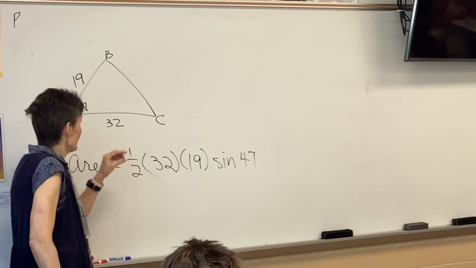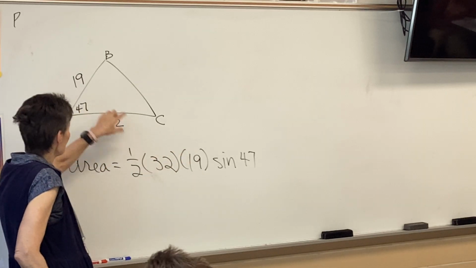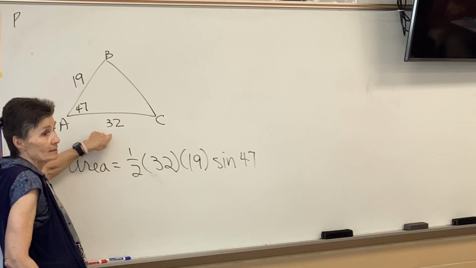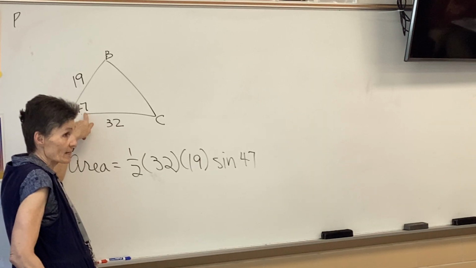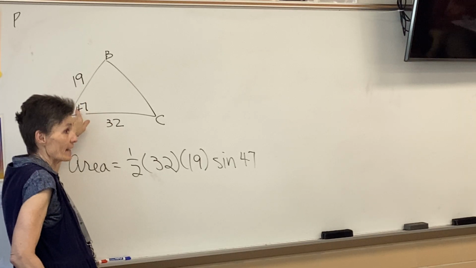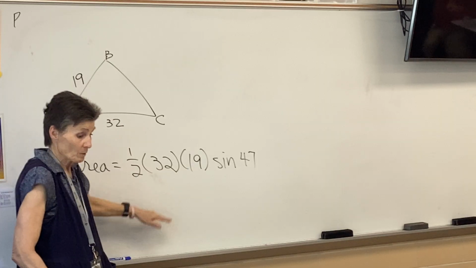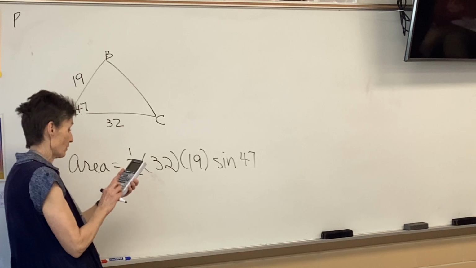Now, this will always work if you have two sides and the angle in between them. The angle's got to be in between them. Two sides and an angle in between will always give you the area: 1/2 times the sides multiplied, times the sine of the angle.